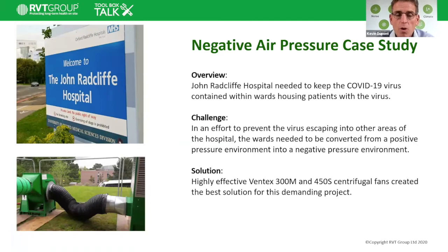That's an example of a hospital environment where negative pressure was used very successfully recently on the COVID situation at John Radcliffe Hospital. What they were doing here wasn't a construction site, but a change of use of a particular ward, which happened to be a cardiac ward. This cardiac ward had a positive pressure, as you would expect in a lot of situations.